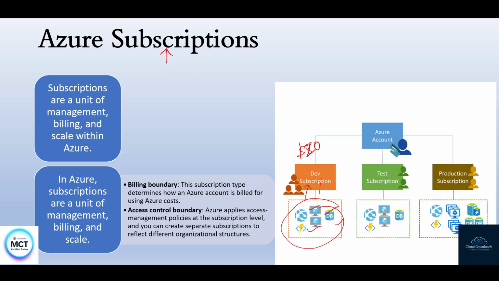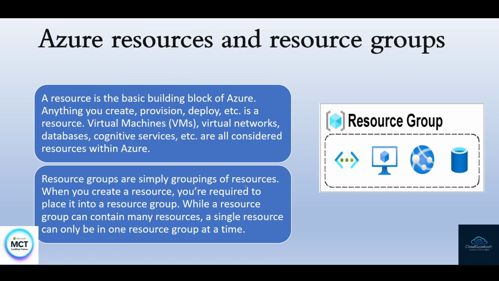A free subscription is there for all. And you can go for pay as you go. That means you can attach your credit card or debit card, and you pay for as much as you are charged. Subscriptions are also access level boundaries, because of the policies that we apply at different levels.